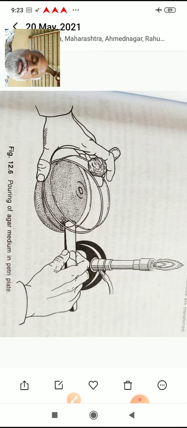Now we will go towards the different methods of pure culture. What for pure culture is done, that we have seen. Now we will go towards the pure culture methods.